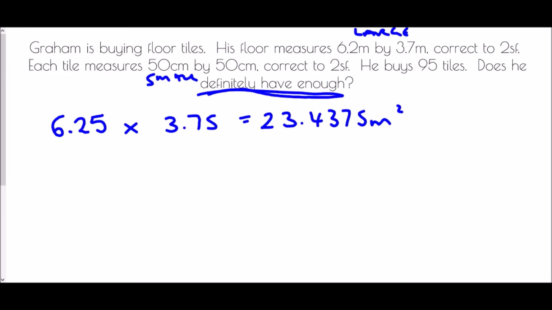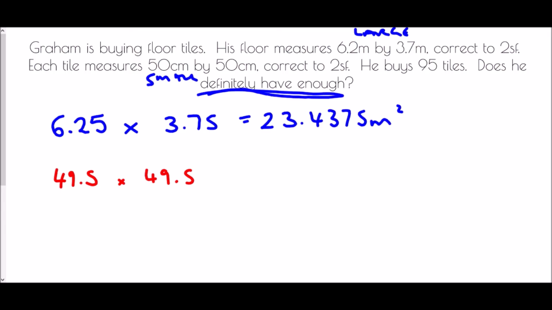Now if we want to find the smallest possible tile area, well, that is going to be the lower bound for each of the tiles. They were 50 centimetres, correct to two significant figures. And so in terms of centimetres, that would be 49.5 centimetres times 49.5 centimetres.